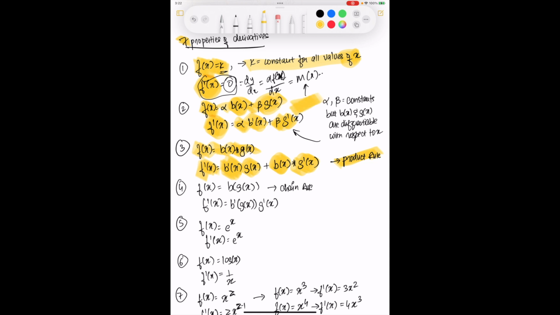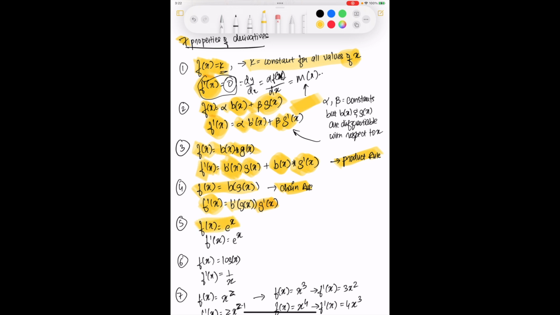Yeah. And then we have the chain rule. If a function f of x is given as a function b of g of x, then the derivative of f of x is equal to the derivative of b of g of x times the derivative of g of x. Yeah.